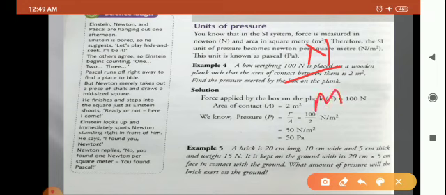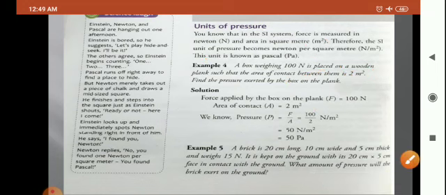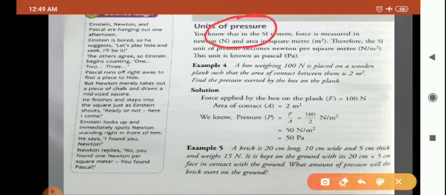Square meter. That is Newton per square meter. Okay children. So SI unit of pressure is clear to you. What is pressure? This pressure is the relation between the force and area. What is thrust? Thrust is also a kind of a force where in case of thrust, force acts perpendicular to the surface.